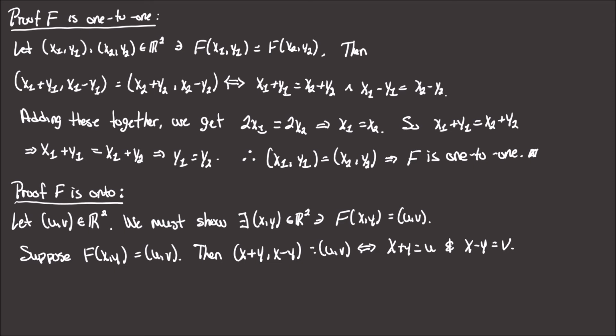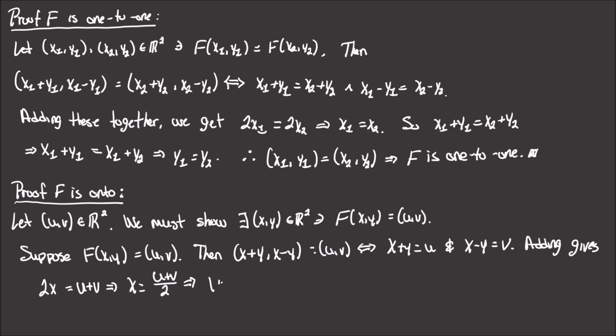Again, if we add these two together, we'll get that 2x is equal to u plus v, which means that x would be u plus v over 2. Now, if we plug this into one of the two equations, it does not matter which one. I will use, again, this first one.